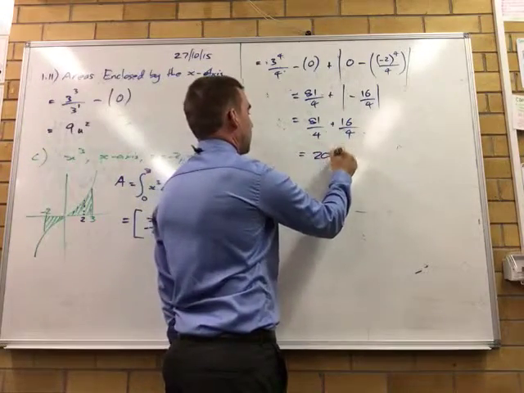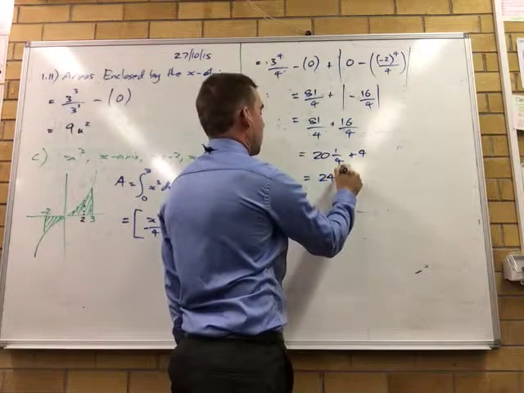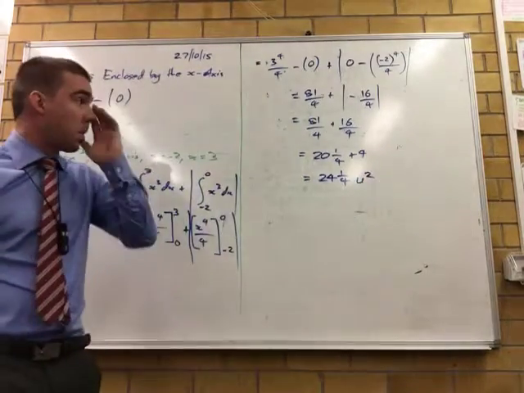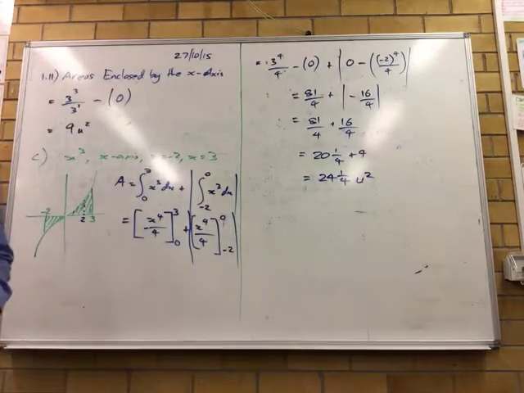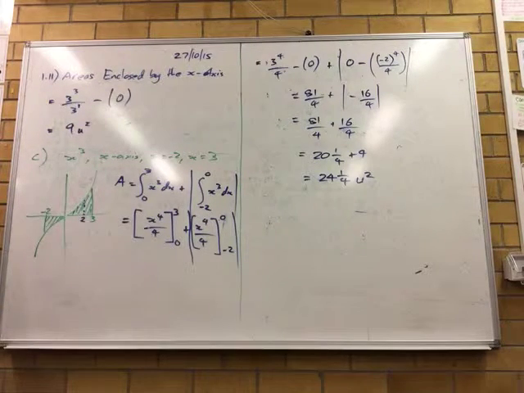So 20 and a quarter plus 4, so we're going to have 24 and a quarter units squared. You can represent it as an improper fraction as well, or decimal, that'll be fine, unless the question specifies. Usually we just leave them as improper, but it's not crucial that you do.